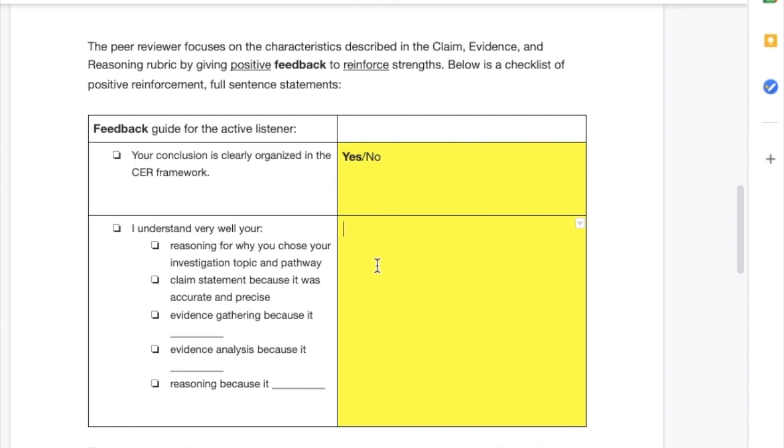I would type out, I understand very well your reasoning because it connects the evidence with reasons for a homicide cover up.